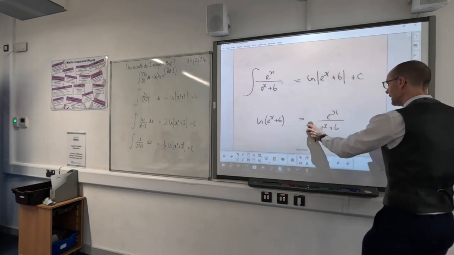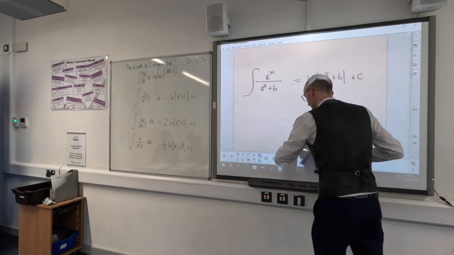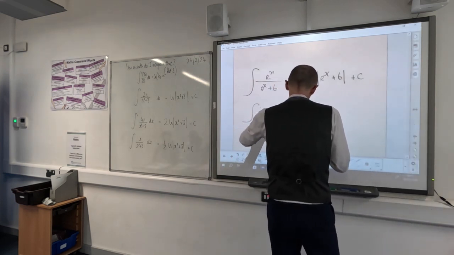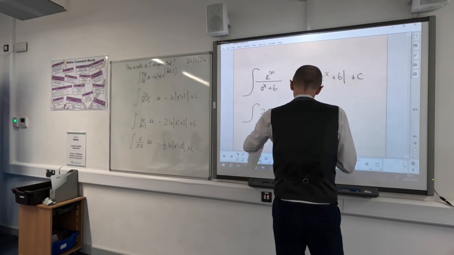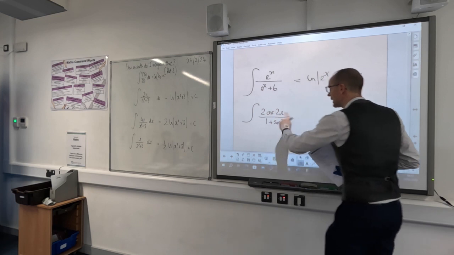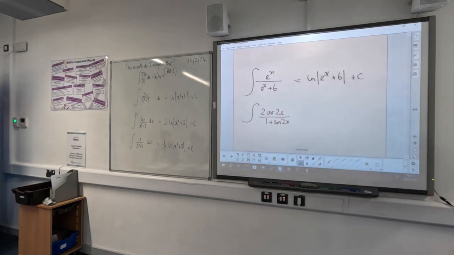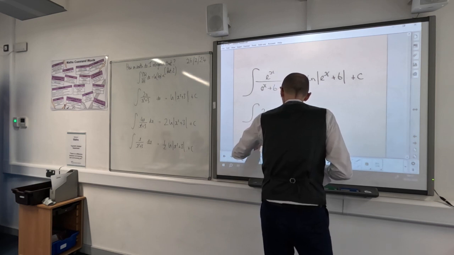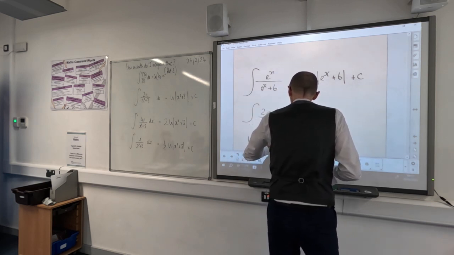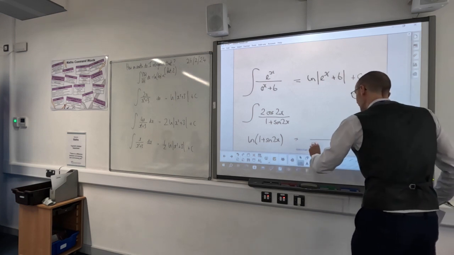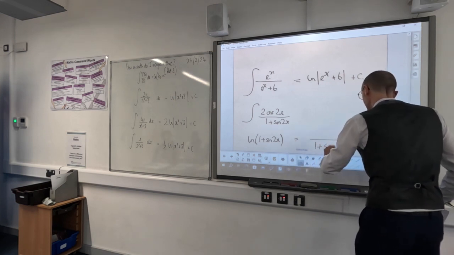And 3a, again, tempting to look at that and think that can't be a log, but this looks a little bit like what you get when you differentiate that. So let's just try differentiating that. That's going to become 1 over 1 plus 2x.